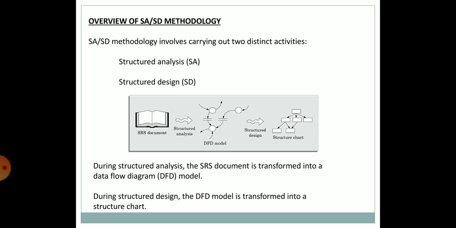During the structured design, all functions identified during the structured analysis are mapped into a module structure. That means it clearly represents the control relationships among the different modules. This module structure is also called the high level design or the software architecture for the given process, and this is represented as a structure chart.